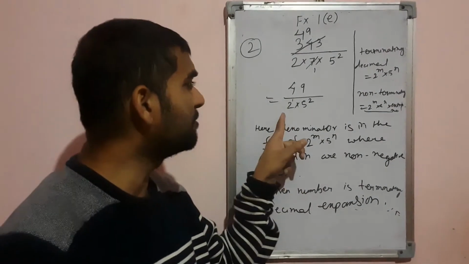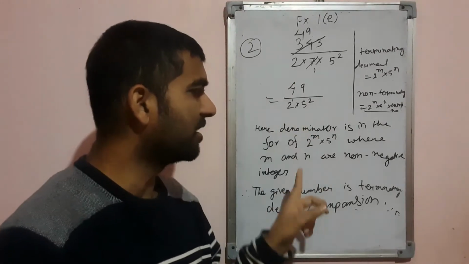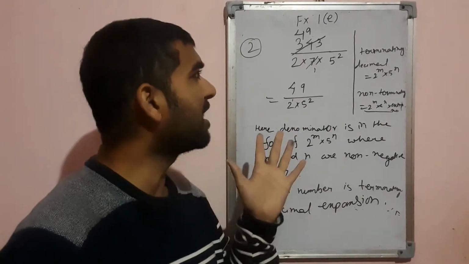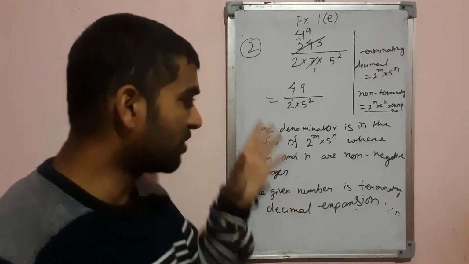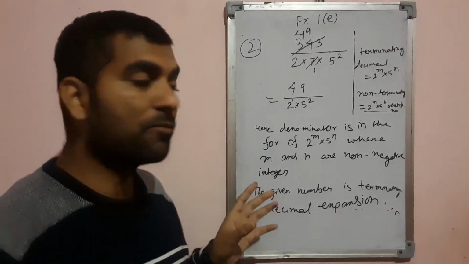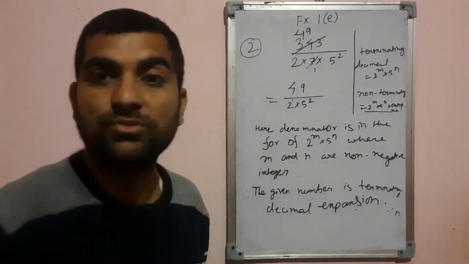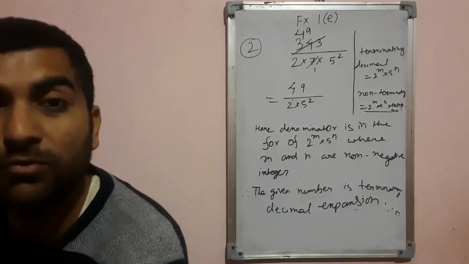Why? Because in the simplified state we are getting terminating decimal expansion. This question is 1 mark, so try to understand nicely. You will not get so much time to solve. Directly also you can write: cancel, write this and directly give the conclusion. So now we will move to question number 3.